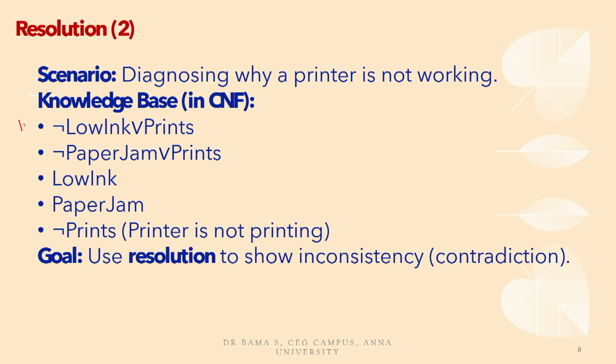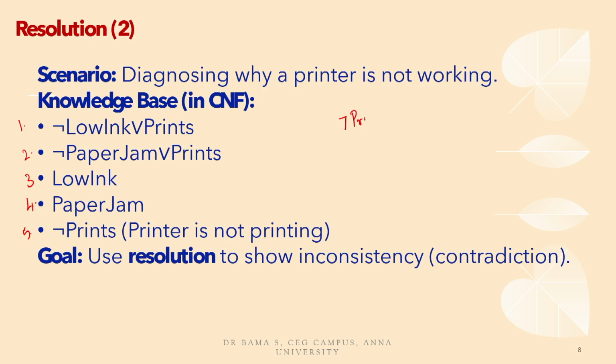Again I will number here 1, 2, 3, 4 and fifth one, so that it would be easy for me to work on the resolution part. Suppose we take not prints, this is fifth one, printer is not printing. I can take the first one, low ink or prints.